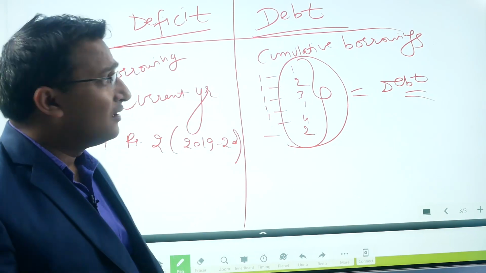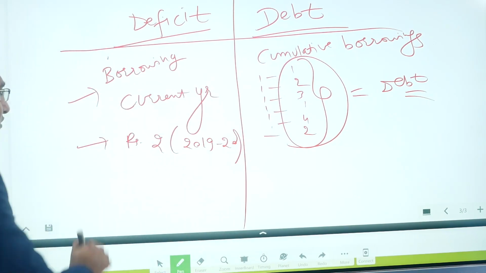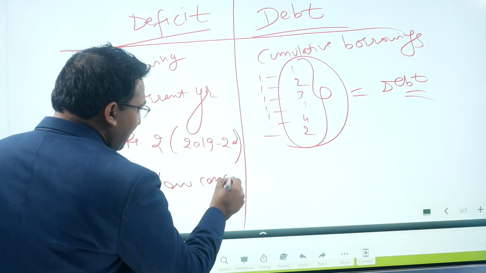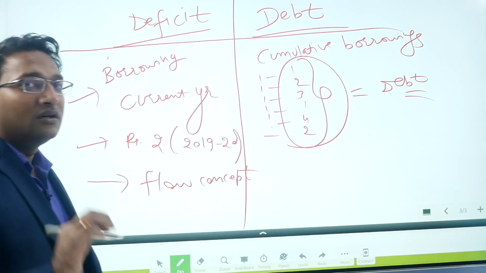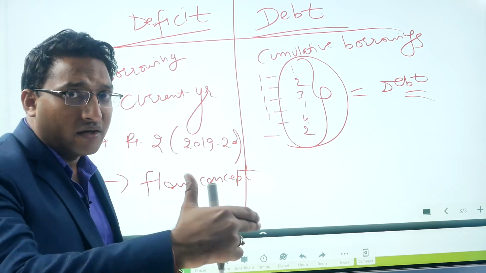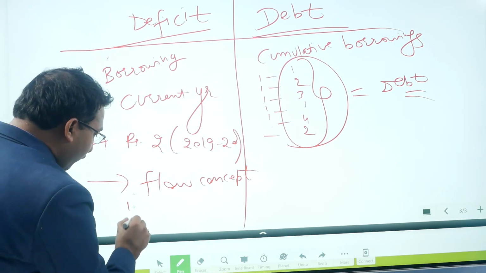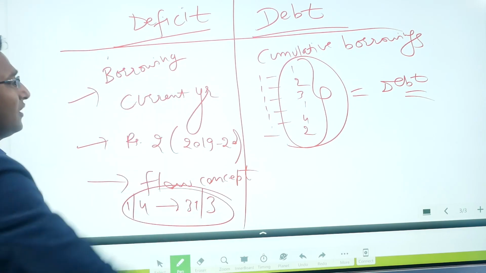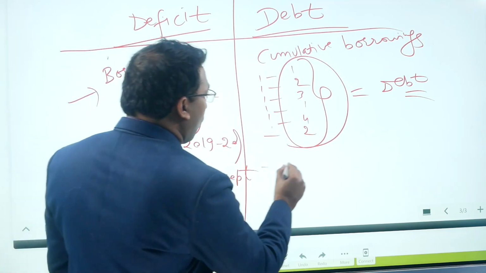Can you understand? Deficit is a flow concept. Flow concept means it tells about the volume of anything during a period. During 1st April to 31st of March, the current year, it is talking about the current year. Debt is a stock concept.